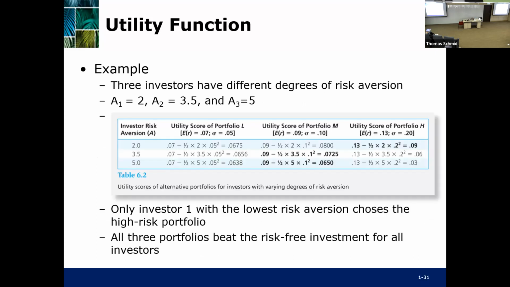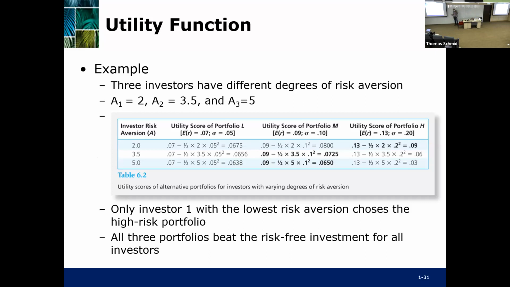So what we can do now is introduce 3 investors, named 1, 2, and 3, and all of them have a different level of risk aversion. Investor 1 has a risk aversion coefficient of 2, then we have 3.5 for investor 2 and 5 for investor 3. And now we can calculate the utility score for all portfolios and all investors.